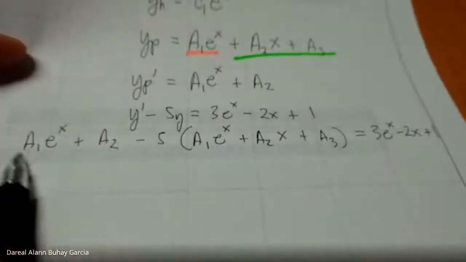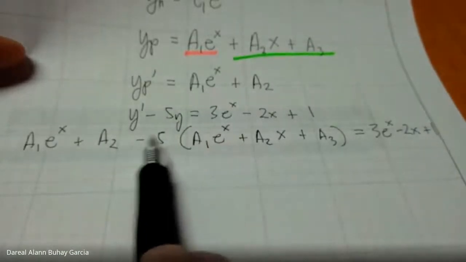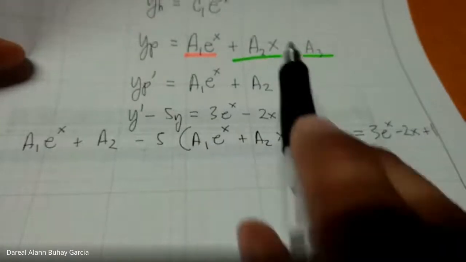This is y prime, from here. Minus 5y, this is y, from above.